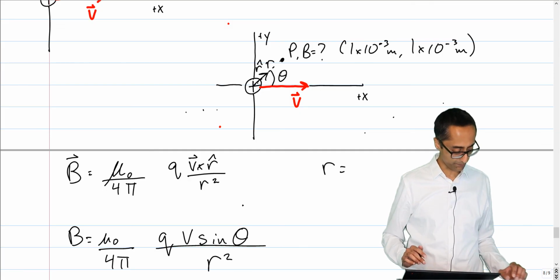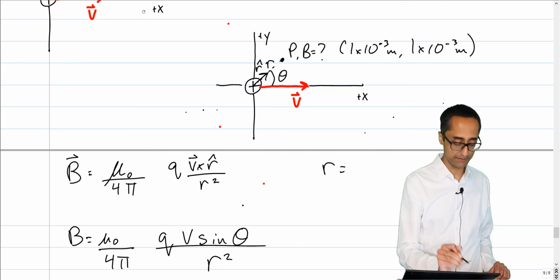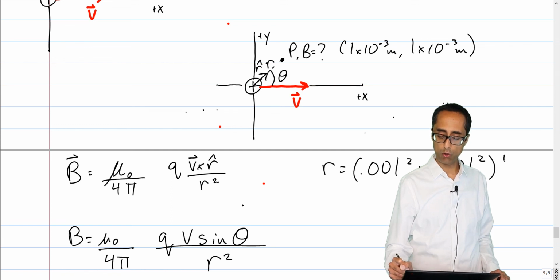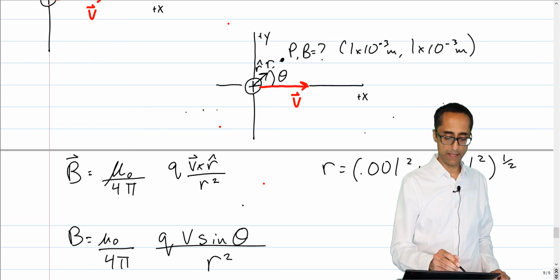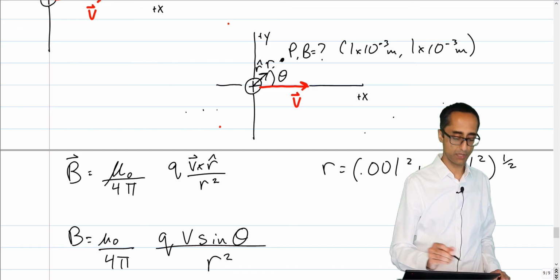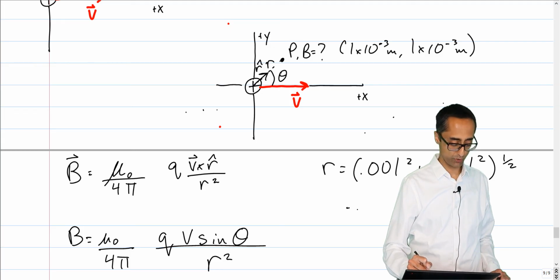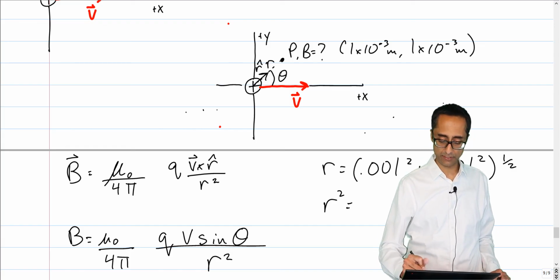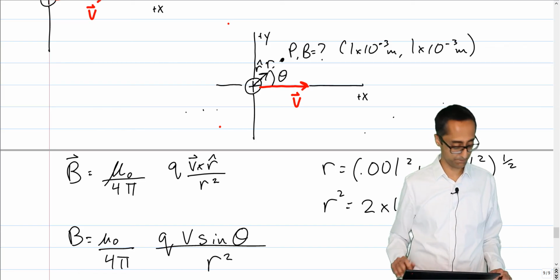And so our r position will be given by 0.001 squared plus 0.001 squared, all rooted. We won't even bother finding r. We can find r squared instead, since that's what's in the equation, and it's a lot simpler because it's just 2 times 10 to the negative 6.